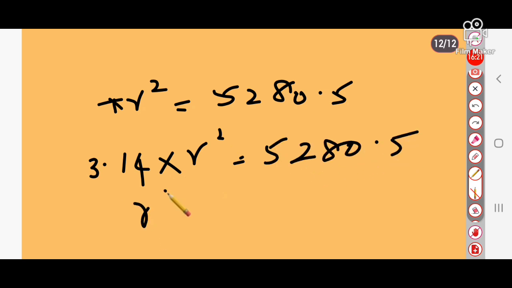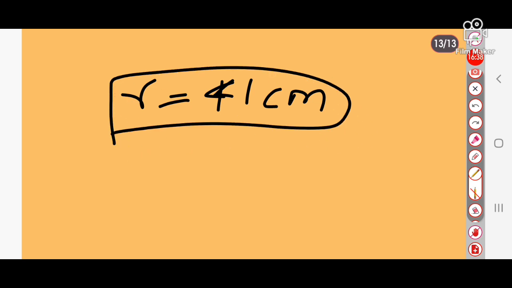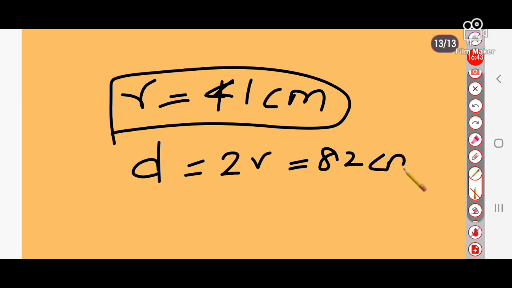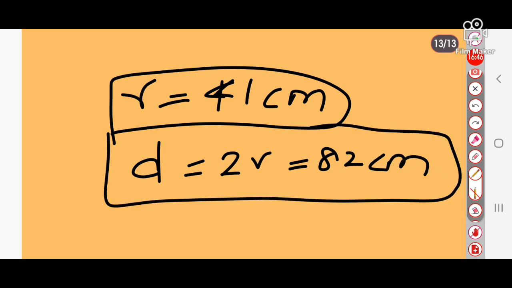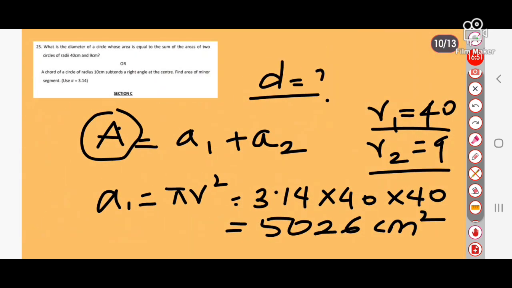So r square equals 5280.5 divided by 3.14, which gives 1681.7. Taking the root of this value, we get r approximately equal to 41 centimeter. So the diameter is 2 times the radius, which is 82 centimeter, as they are asking. We found the diameter of the new circle to be 82 centimeter.